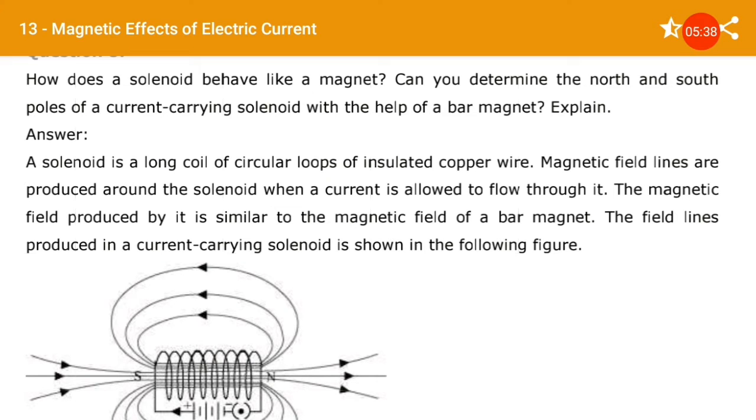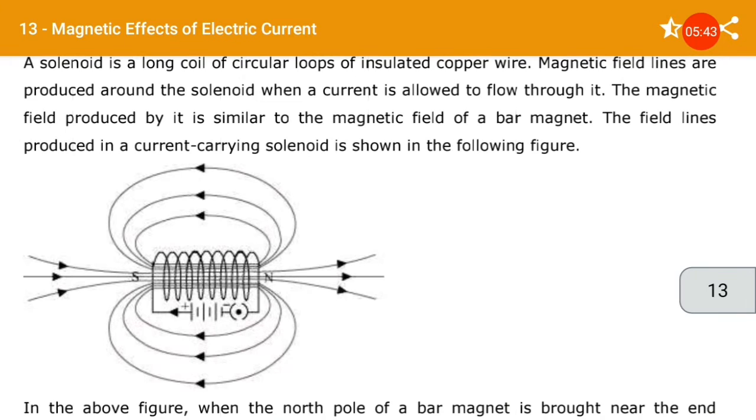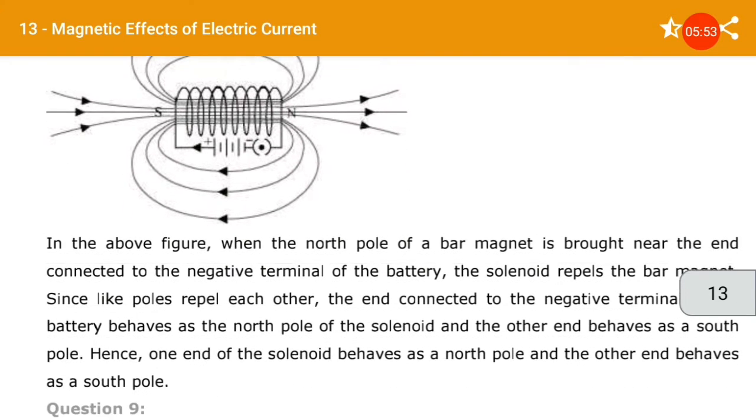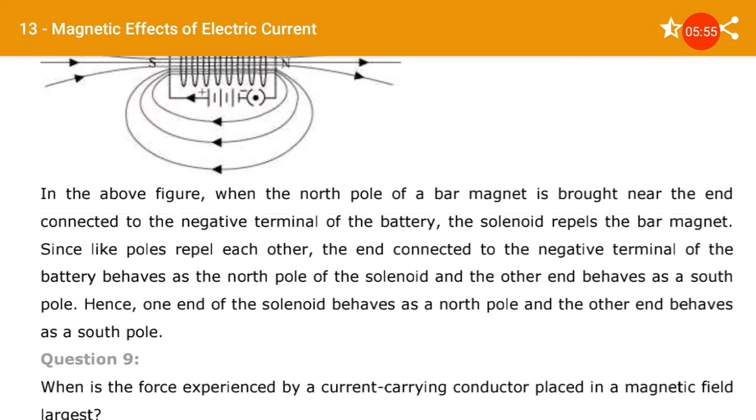The magnetic field lines produced in a current carrying solenoid, you can see in this figure. Outside the solenoid the field is directed from north pole to the south pole, and inside it is from south pole to the north pole. In the figure you can see, when the north pole of a bar magnet is brought near the end connected to the negative terminal of the battery, the solenoid repels the bar magnet.